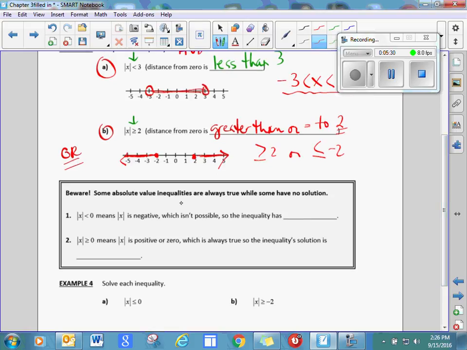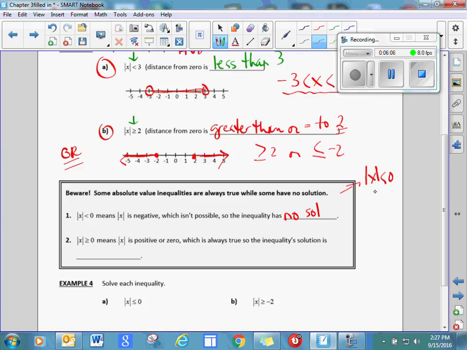So there's a couple real special situations that you always need to look at. If you have the absolute value of x set equal or less than some kind of negative value, it's not possible. So the inequality has no solution. So for instance, if I said the absolute value of x is less than 0, that means it's a negative number.